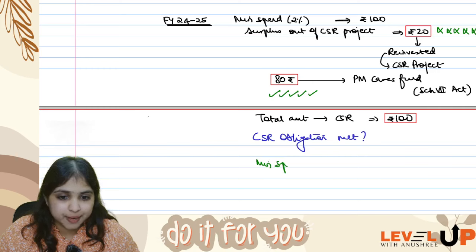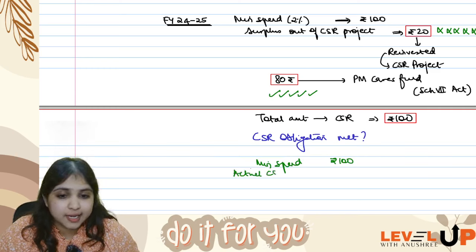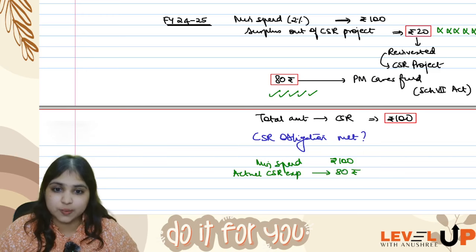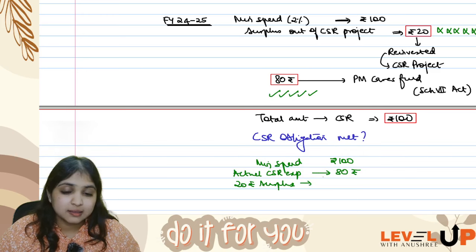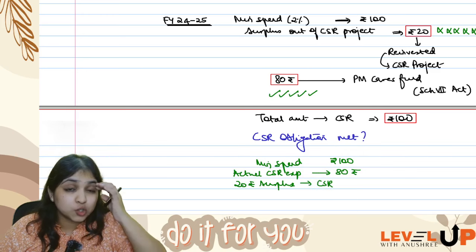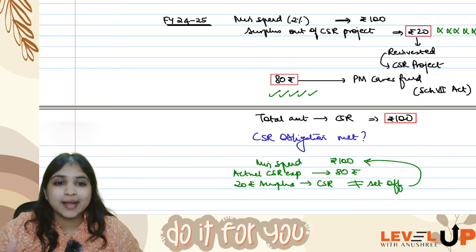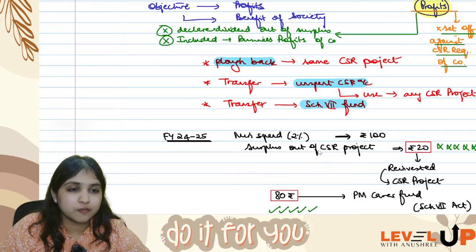See, I'll repeat again. What is the minimum spend? Minimum the company is supposed to spend 100 rupees on CSR. The actual CSR expenditure of the current year is only 80 rupees in this question. This 20 rupees, whatever surplus the company has earned, yes, it was spent towards CSR. But this cannot be set off against the requirement to spend on CSR in the current year. That is the meaning of this sentence.